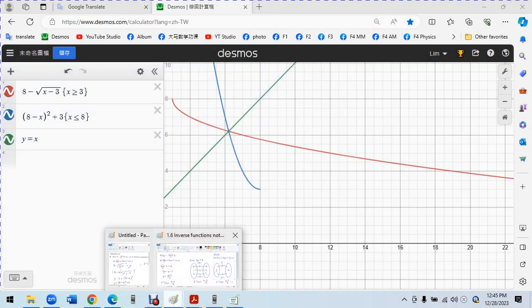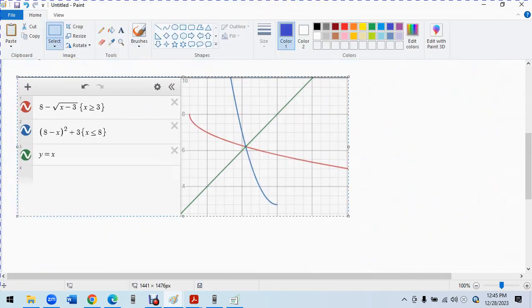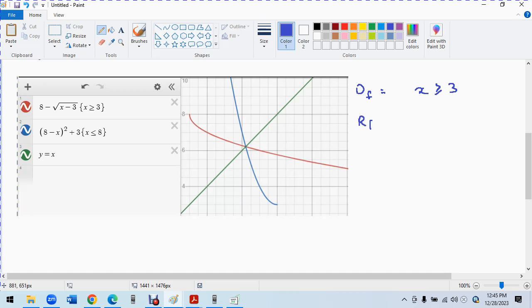For this one, you can see that the domain of f is x greater than or equal to 3. So the range of f will be f(x) less than or equal to 8.